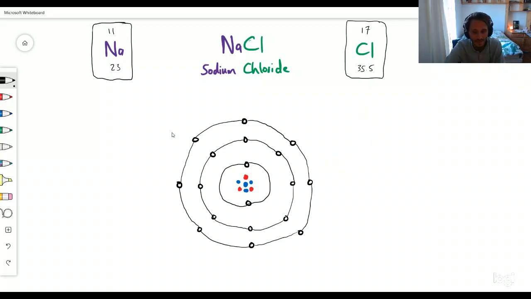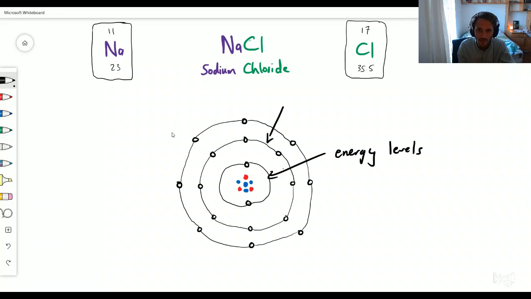Now the spaces are available in certain shells, otherwise known as energy levels. So there's the first energy level, that one over there. Then there's the second one over here, which has 8 available spots.